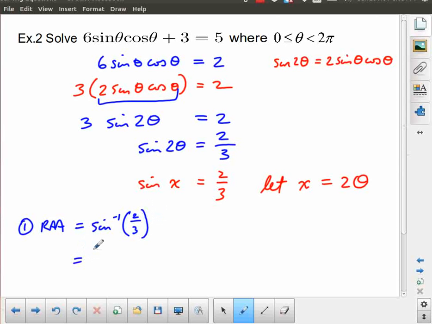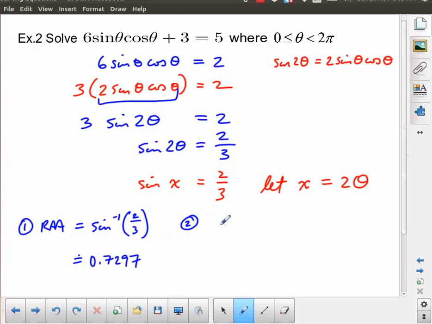And so from there, I get the inverse sine of 2/3 is equal to 0.7297 to 4 decimal places, which is kind of traditional for trig. You can keep more, but keep all of them in your calculator if your calculator skills are up to the task. So now I've got my related acute angle.